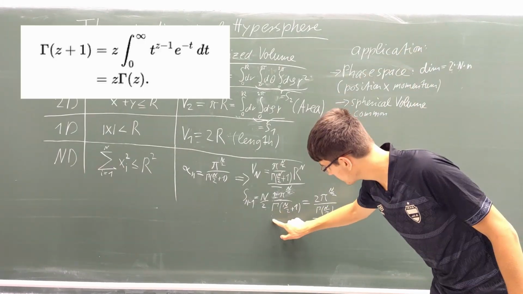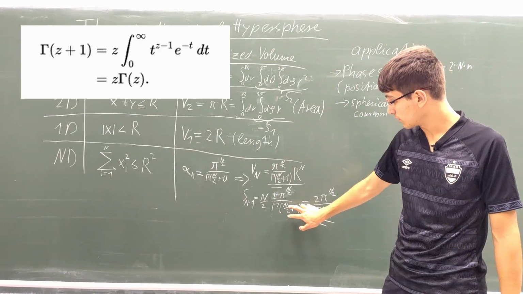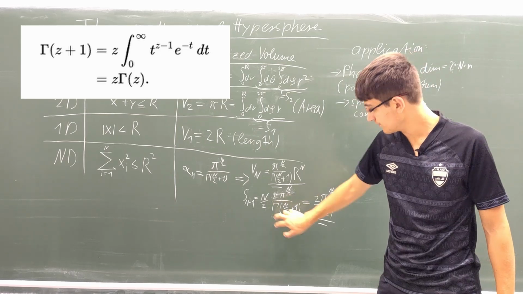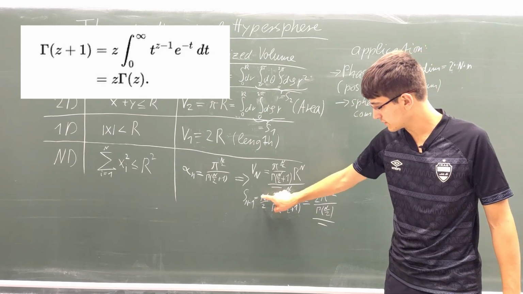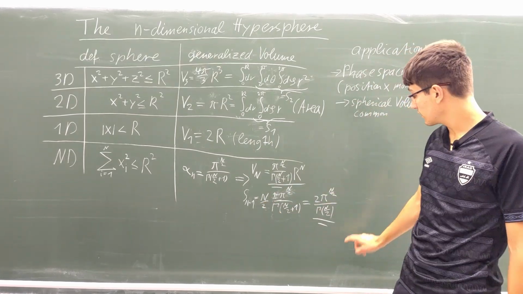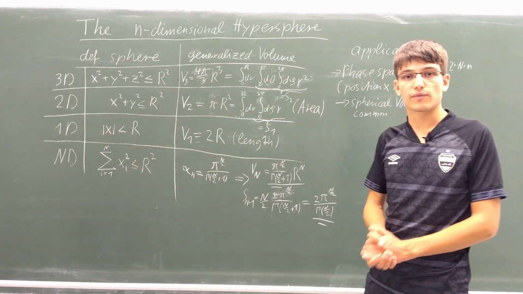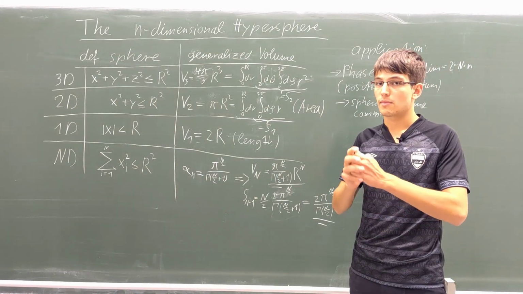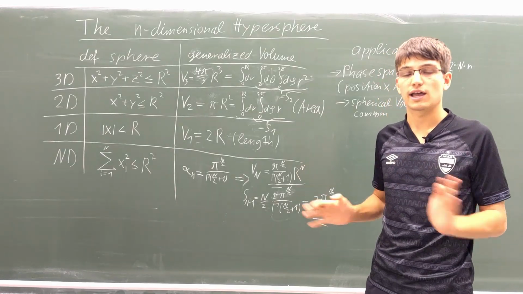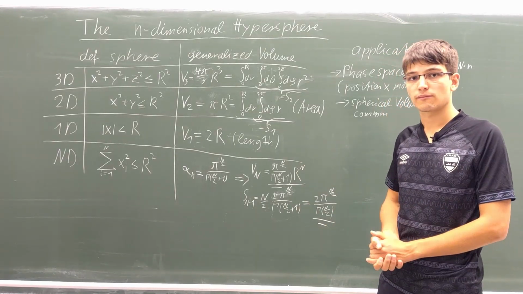But we can use the property of the gamma function and pull out the n halves here, which will cancel with this n halves. So in the end, we end up with this term. Finally, we found a formula for the general n sphere and its surface.